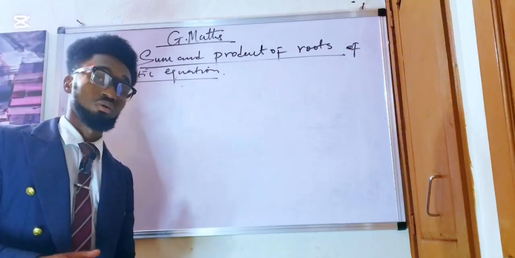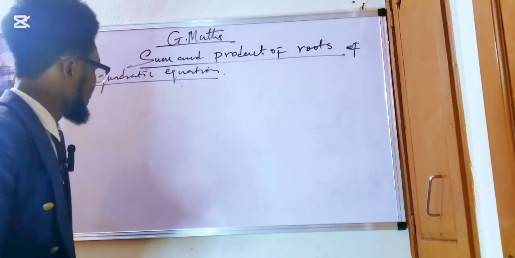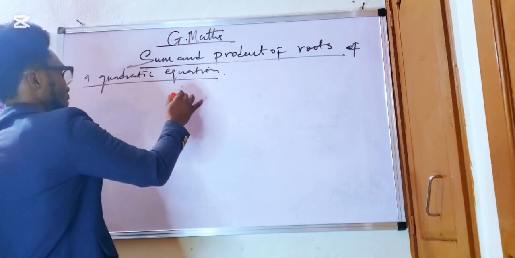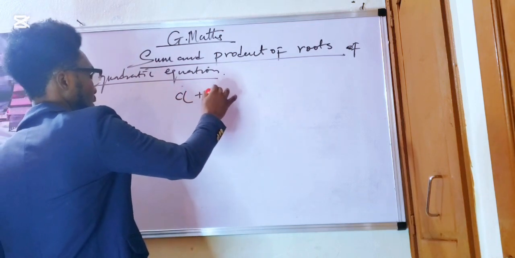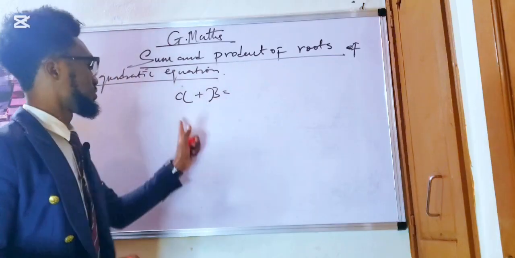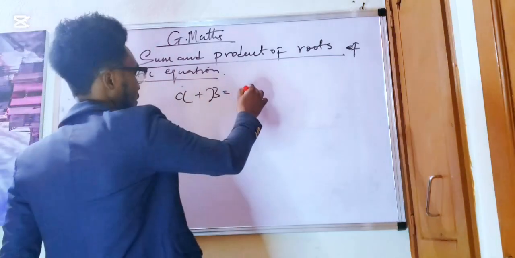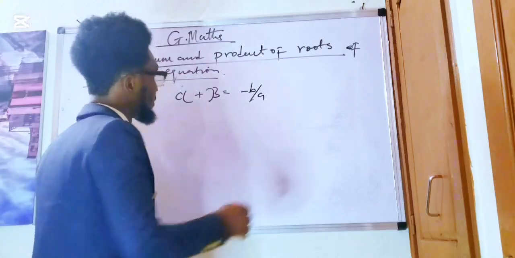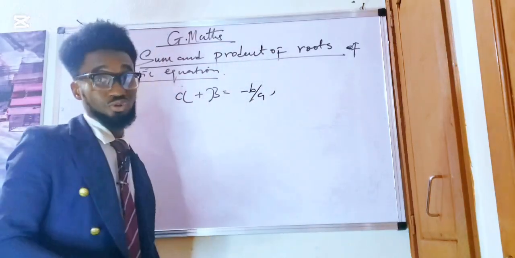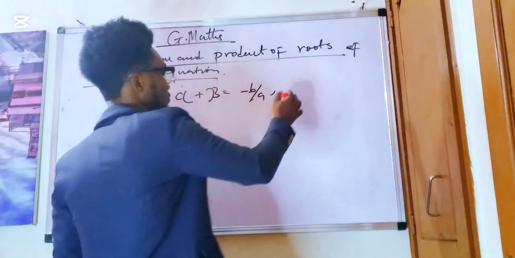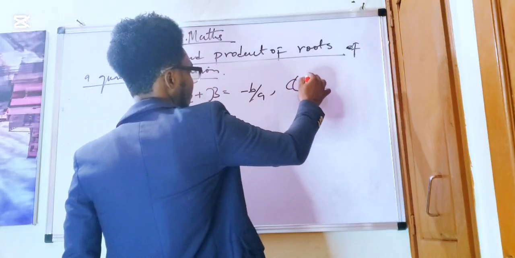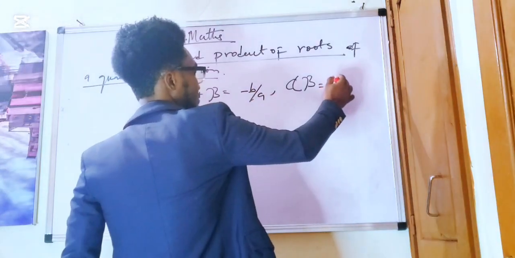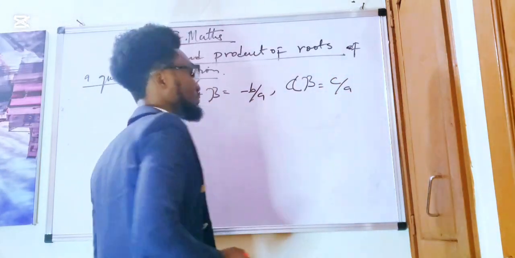If we can recall, for the sum of roots, we have alpha plus beta, and we were able to derive it as minus b over a, right? Good. Secondly, the product of roots, where we have alpha beta, we derived the formula as c over a.